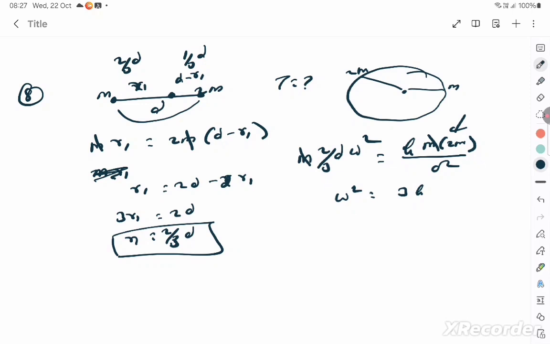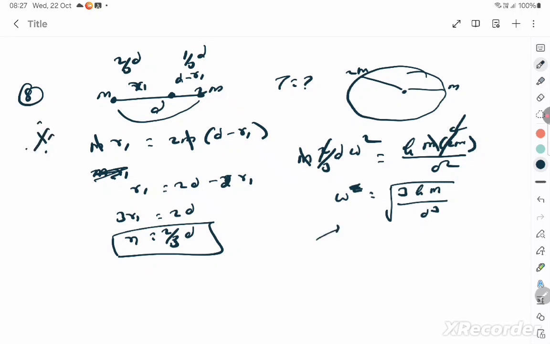You will have one more m, and there's one more 2 there. Yeah, and the 2 and 2 also can get cancelled. Can you see? So you're left with the square root of 3G small m by d cube, and this will be the angular velocity. It's a very, very beautiful sum.